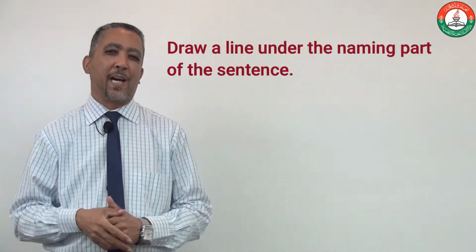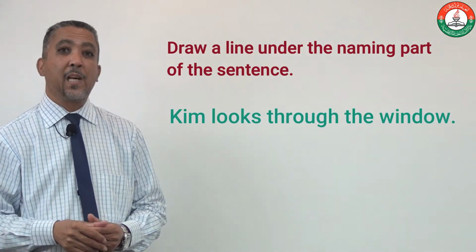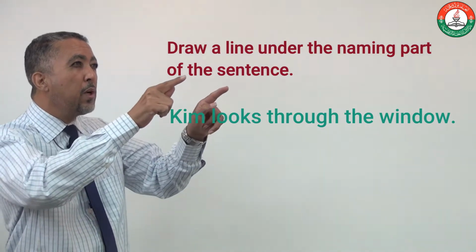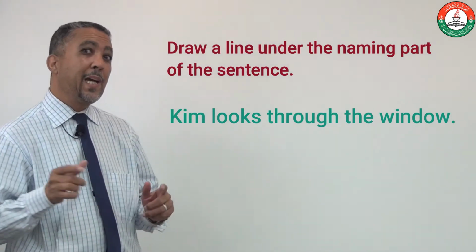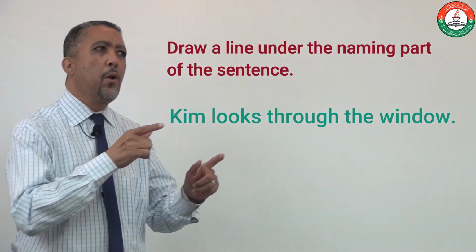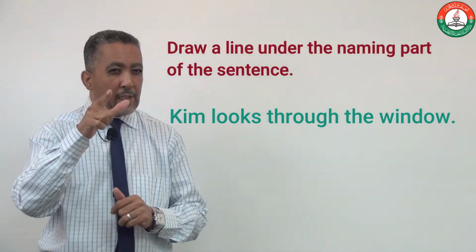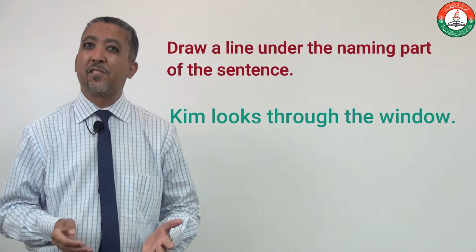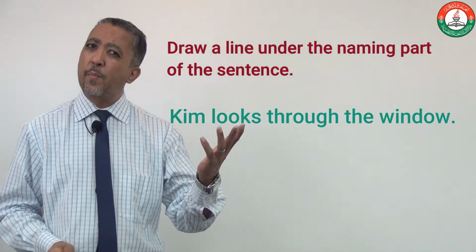Let us have a look at another example. Kim looks through the window. Read it again. Kim looks through the window. Now I see the word Kim. What does it tell me? Kim is a person. Maybe a girl or maybe a lady, a woman.